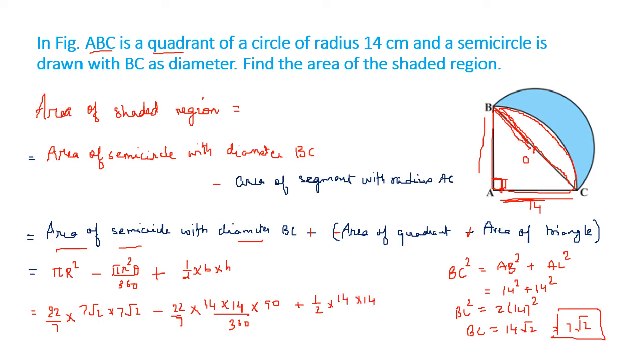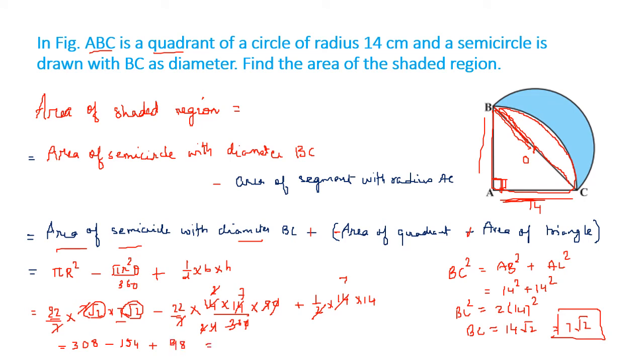Do the calculation. The 7 and the 7 get cut. So 22 into 7 is 154. 154 into root 2 into root 2 is 2. So 154 into 2 is 308, minus, 0 0 cut. 9 1s are 9, 4s are 7, 1s are 7, 2s are 2, 1s are 2, 2s are 2, 1s are 2, 7s are, 22 7s are 154, plus 2 1s are 2, 7s are 14, 7s are 98.